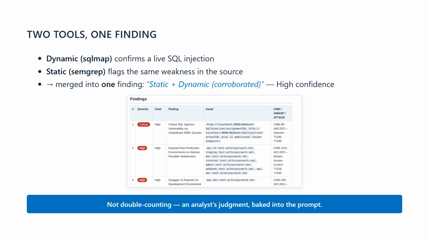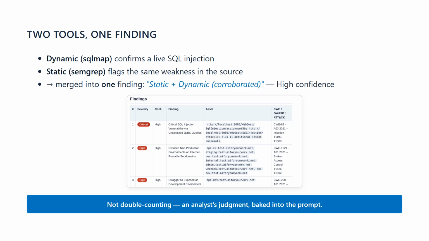Now, this next part is the whole reason a synthesis step earns its keep. Look at the top finding. The dynamic scan, SQLMap, confirmed a live SQL injection. The static scan, Semgrep, independently flagged the same weakness in the source code. A naive tool would report those as 2 separate findings.